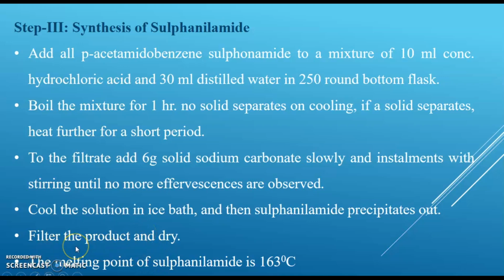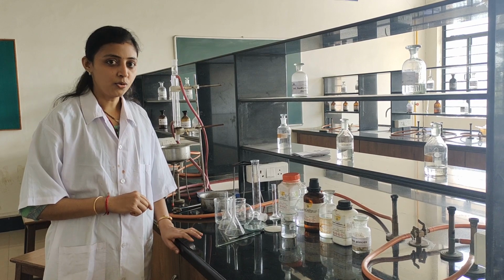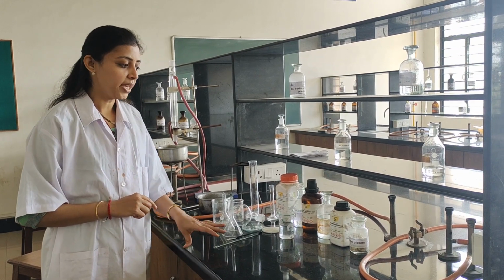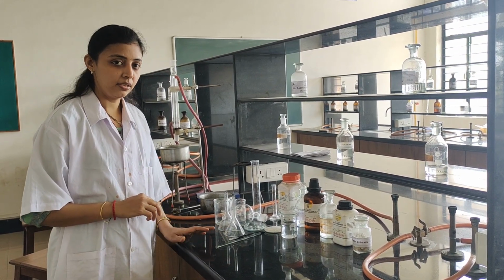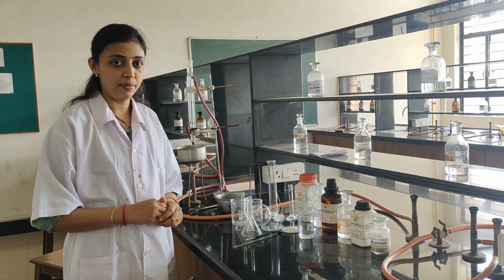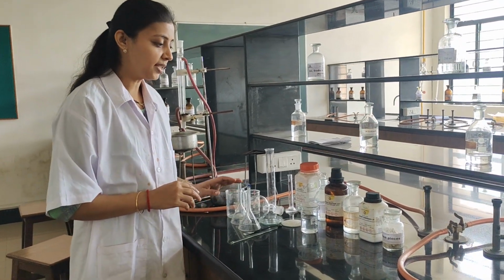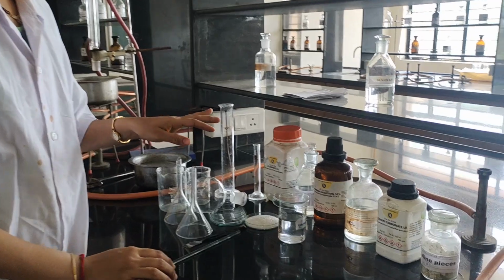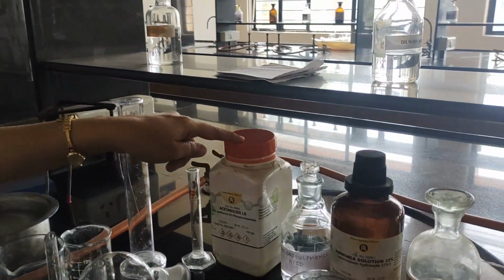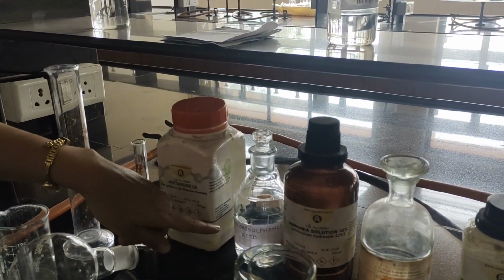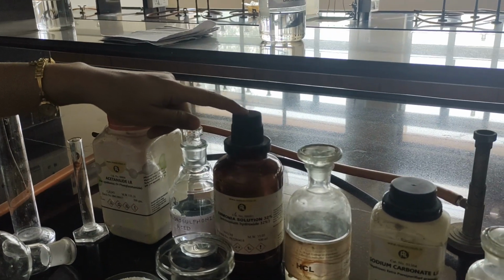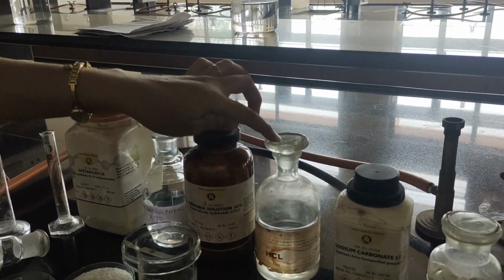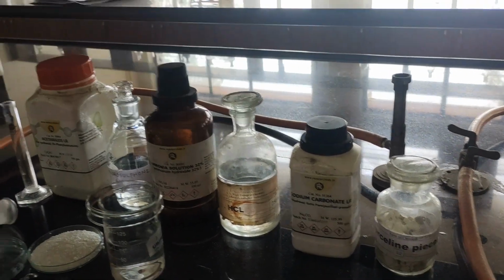Now we see the actual synthesis. Students, we see the chemical requirements for this synthesis of sulfanilamide. We require some chemicals and glassware. Chemicals such as acetanilide, chlorosulfonic acid, ammonia solution, hydrochloric acid, sodium carbonate.